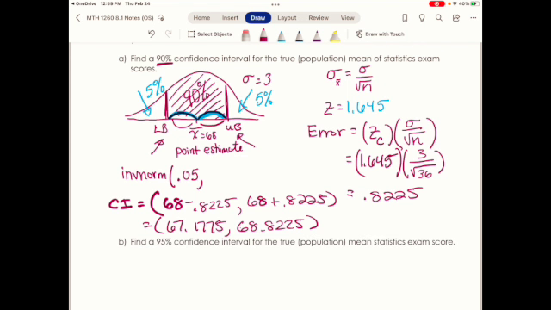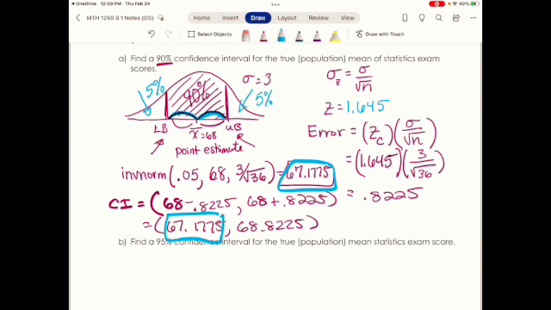I could find this directly by putting in my x bar, our sample mean, and then put in our standard deviation, which was 3 over the square root of 36. And when you do that, you get the same thing, but I would just get my lower bound. So that gives me the same answer directly as my lower bound.